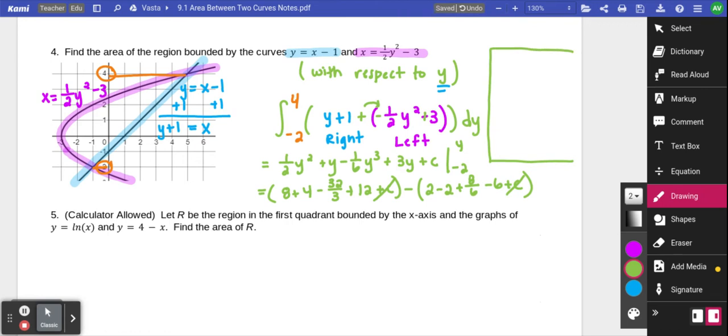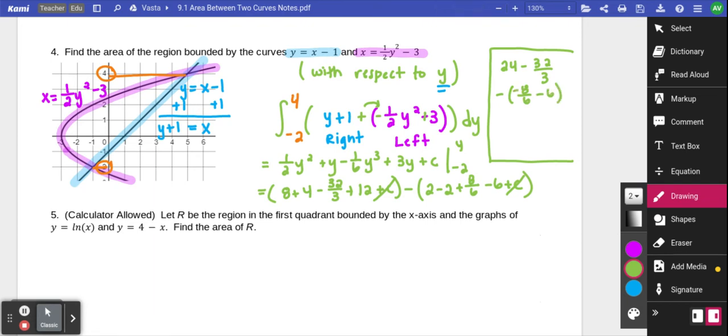So 8 plus 4 is 12 plus another 12 is 24 minus 32/3. That's the first parentheses. 2 minus 2 is 0, and so I just have -6, but I have minus 8/6, minus 6.